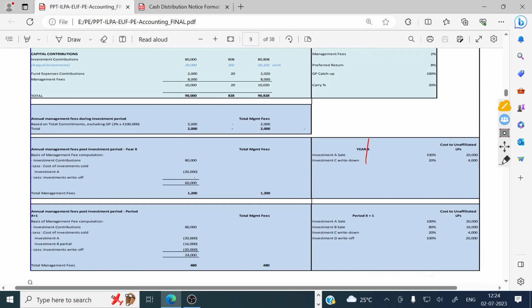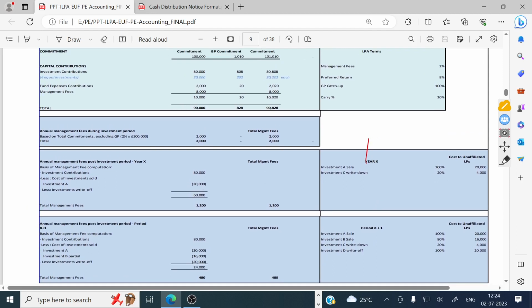Here total investment is 20, but you have 4 into 20, that becomes 80,000. And here it means you have again 4 investments, so write down loss, that becomes 20%. So 4,000 into 4, that becomes how much? 4, 80. 16,000.